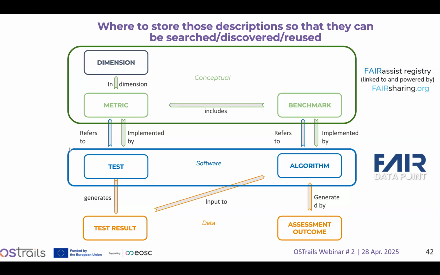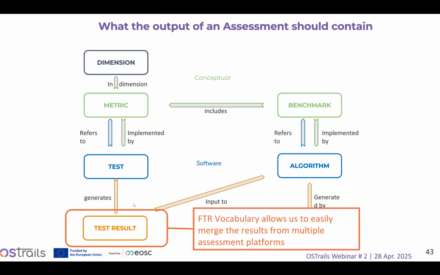Then at the implementation level, the tests and the algorithms are going to be in a second registry, which is the OS Trails FAIR data point. And finally, I haven't mentioned yet, but this is a really important one. We've created a shared vocabulary for test results that allows us to either directly, so for example, the new version of the evaluator and the revisions of FOOPs and some of the other tools now are migrating so that they all output in exactly the same way.